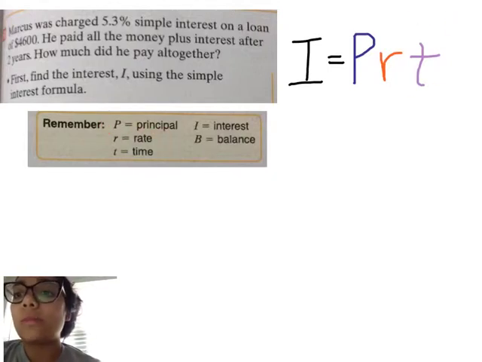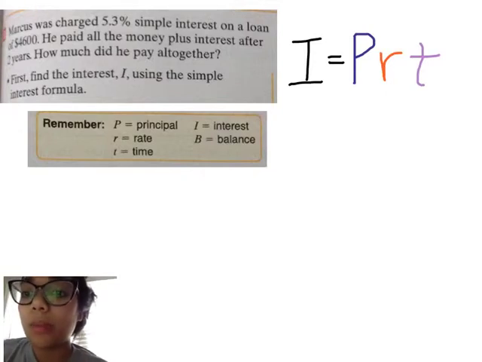So I need to find my principal. My principal is how much the loan is, the amount, $4,600.